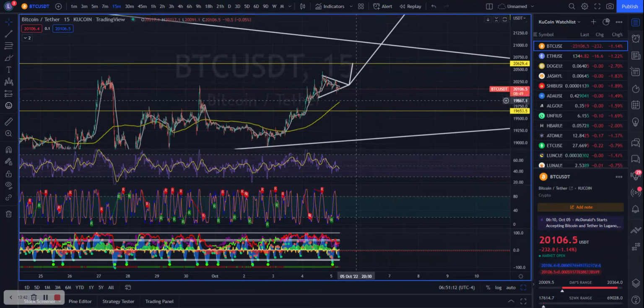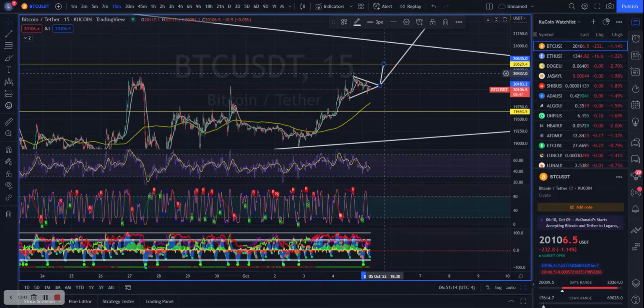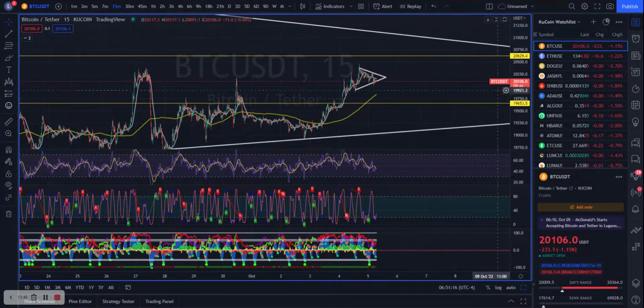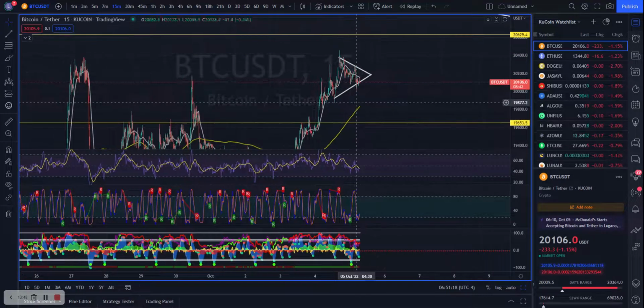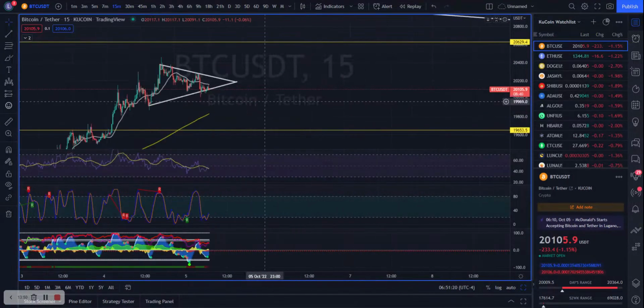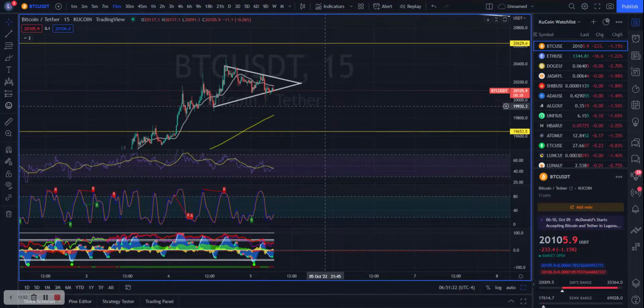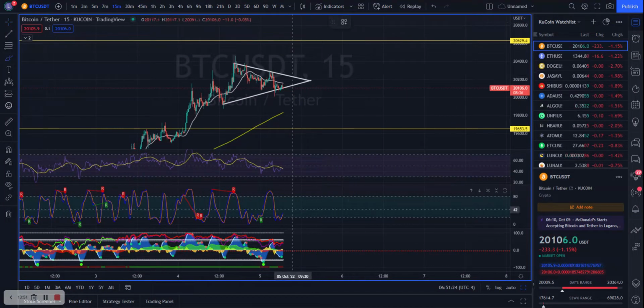So these are some moves right there. We'll leave those horizontal lines in, but we'll get rid of those diagonal ones. And at the moment, to see if we have any patterns that stick out, at the moment we are oversold, pointing to the upside. So it is likely that we will hit this resistance and play in here for a little bit.